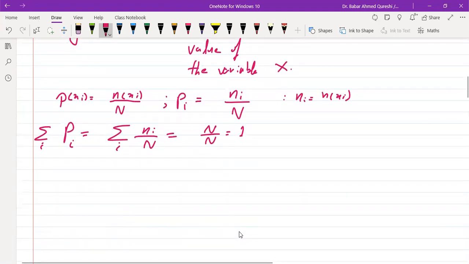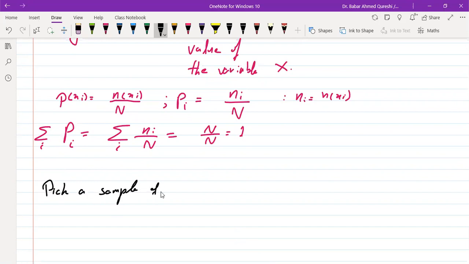Now, if I pick some samples from this distribution, so I have this population and I pick a sample of size 1, then which one of these will come up?